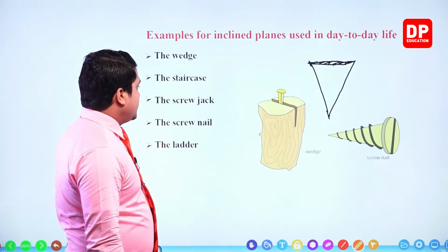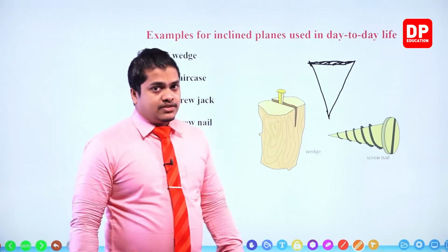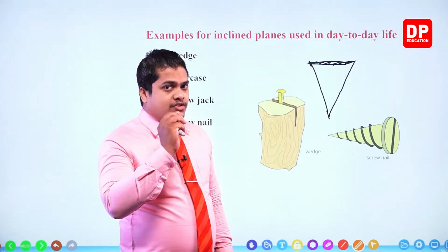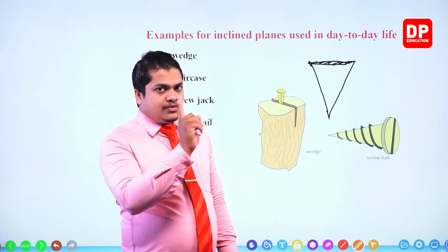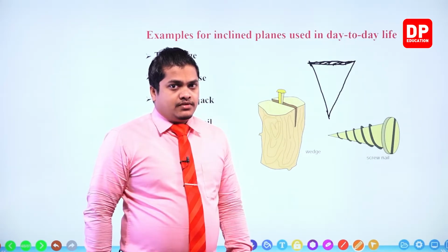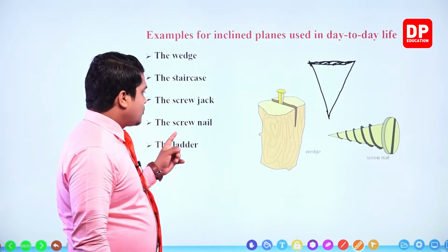Number three, the screw jack. There's a screw and there's a jack. The screw is rotating and the jack is being lifted. Then the screw nail.